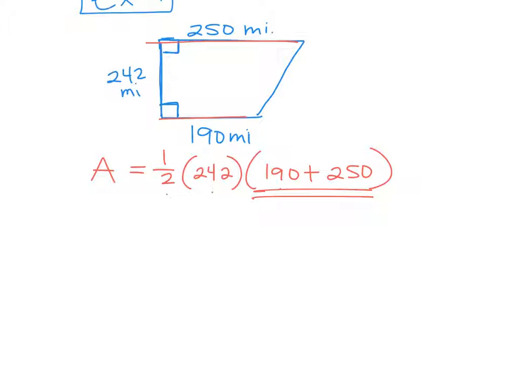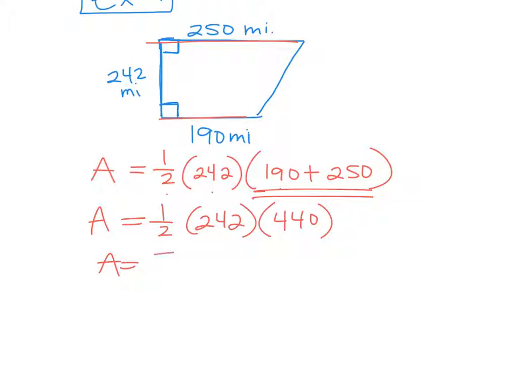I thought you meant the final answer. So you're going to go 1/2 times 242 times 440, and then plug that in for your area. So it comes out to 53,240 square miles.